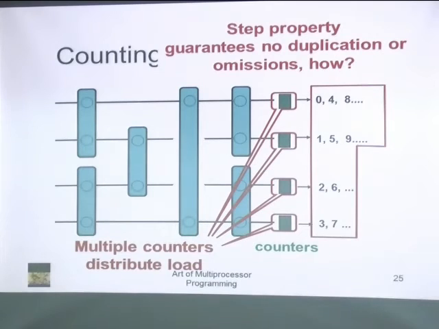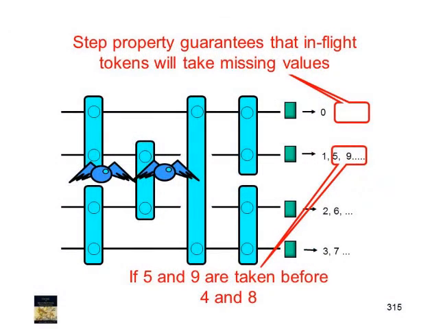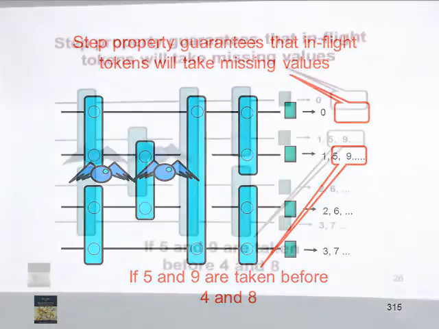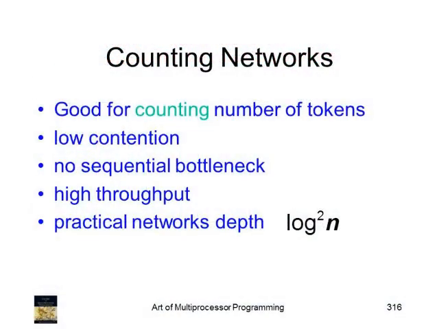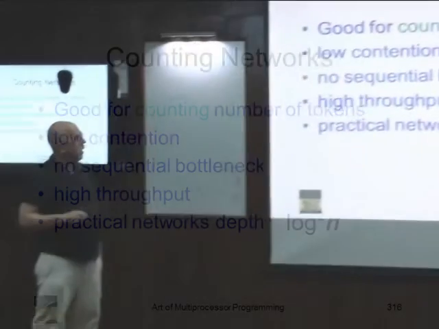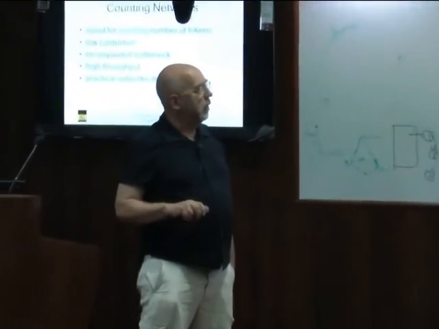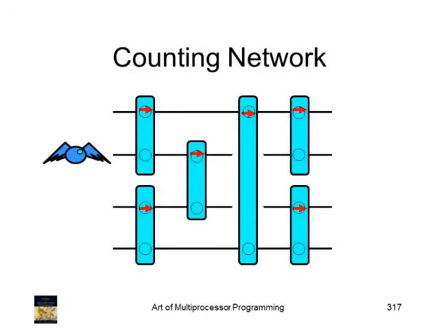And the step property, if you think about it, guarantees that every value coming out is accounted for in a quiescent state. I'll skip some of the subtleties. So this is good for counting: low contention, high throughput. Practical networks are basically log squared n, where n is the number of input wires.